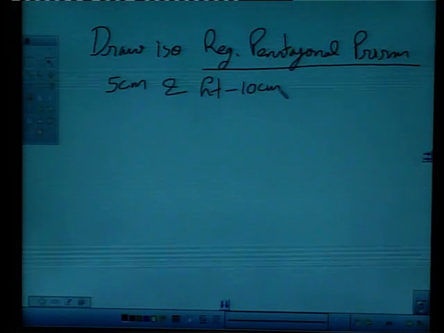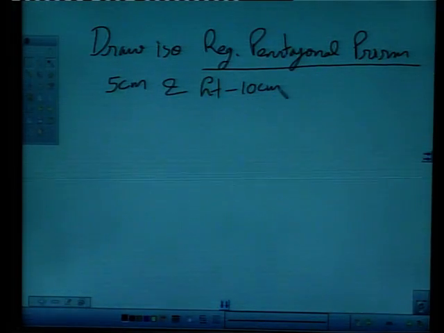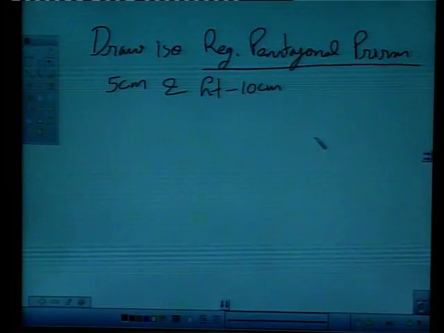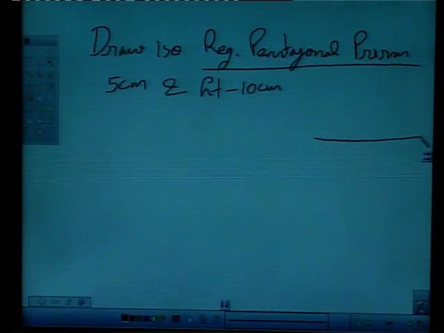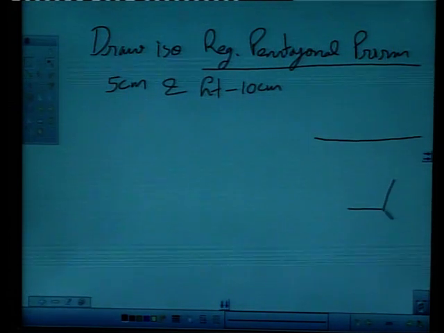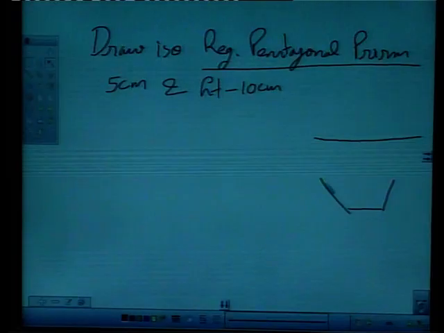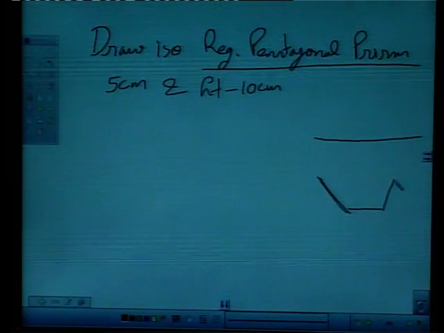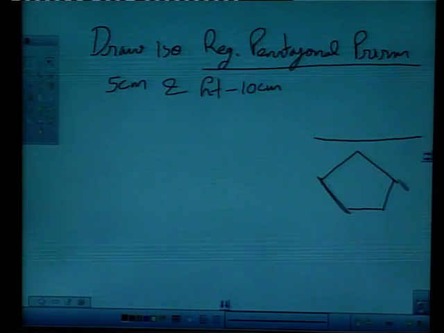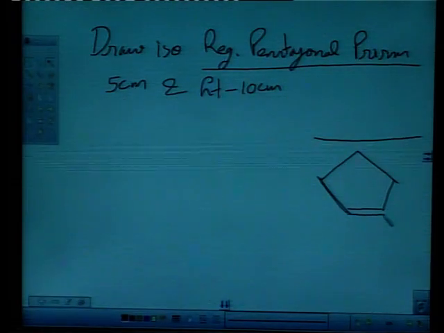So, for drawing isometrics of this regular pentagonal prism, first of all we will draw its orthographic. Say regular pentagon is like this. We will draw it exactly on scale.